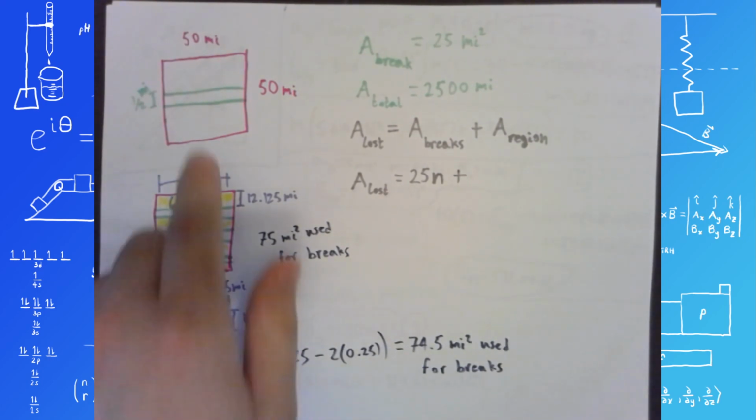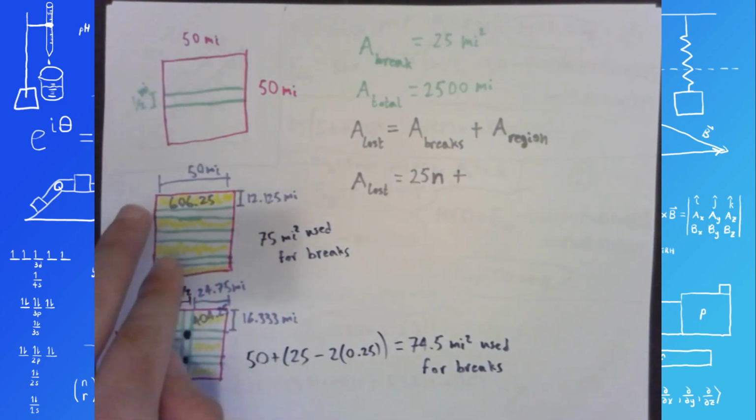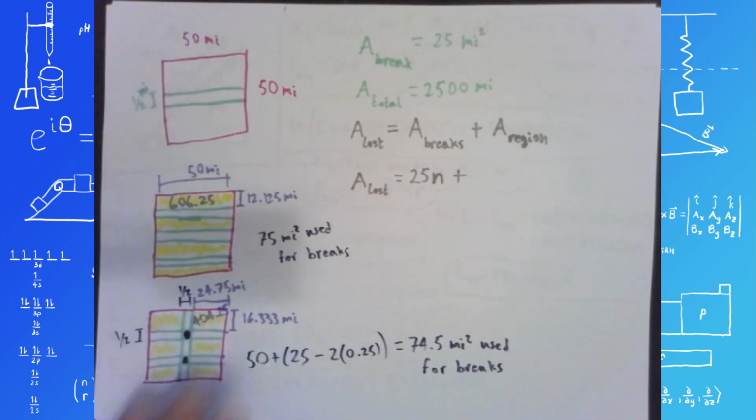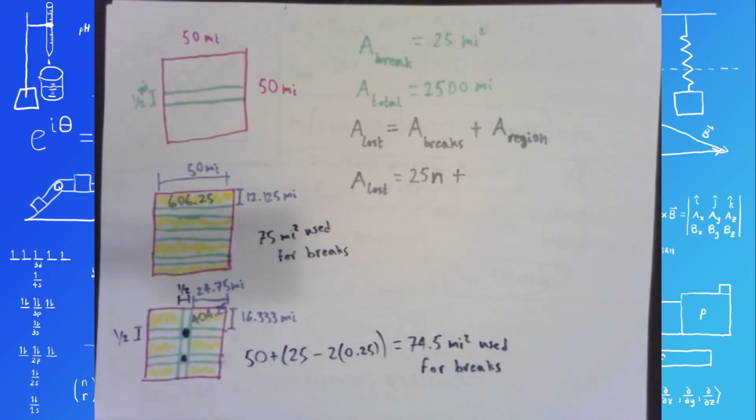So when I have one fire brake, I have two regions. When I have two fire brakes, I have three separated regions. When I have 1, 2, 3 fire brakes, I have 4 regions. So it looks like the number of regions I have is always going to just be n plus 1.